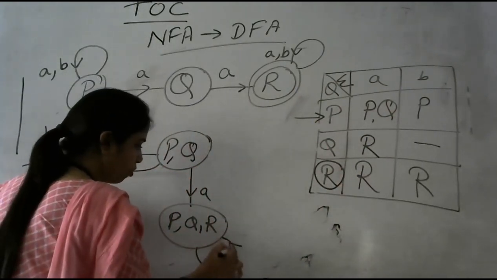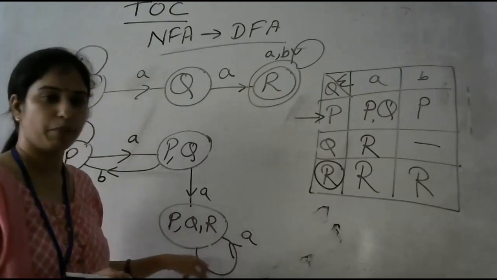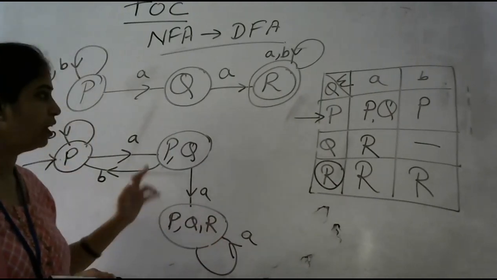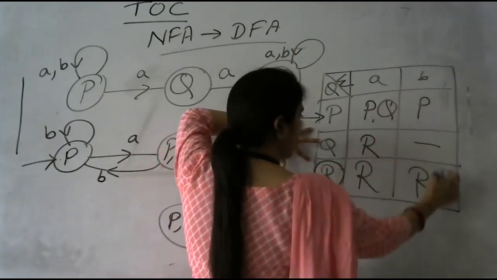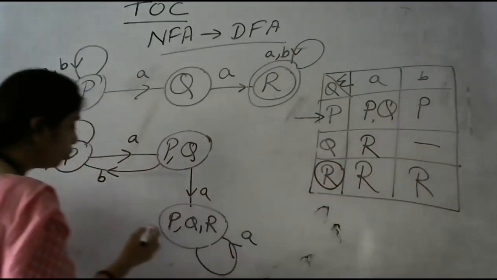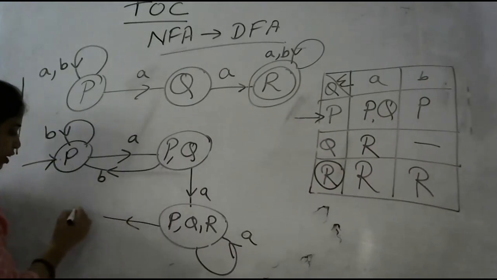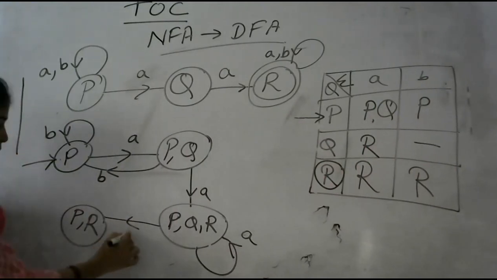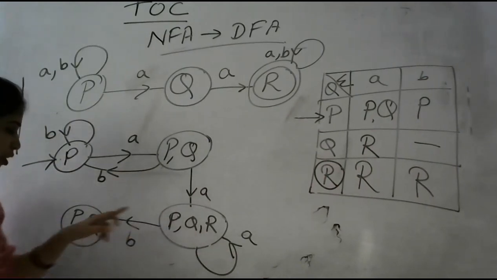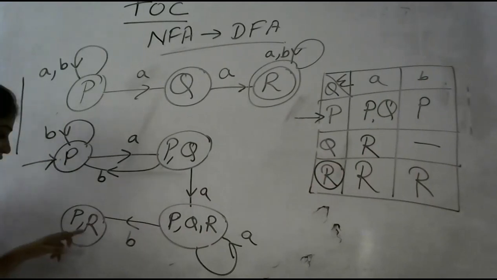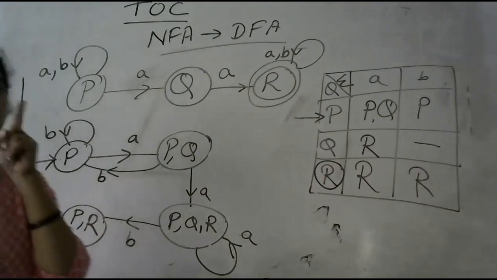Simple self loop of A, क्योंकि PQR से PQR पे जा रहे हैं. So simple. Now PQR से B पढ़ के PR पे जा रहे हैं. So we get a new state called PR. We read B from PQR and go to the next state called PR.